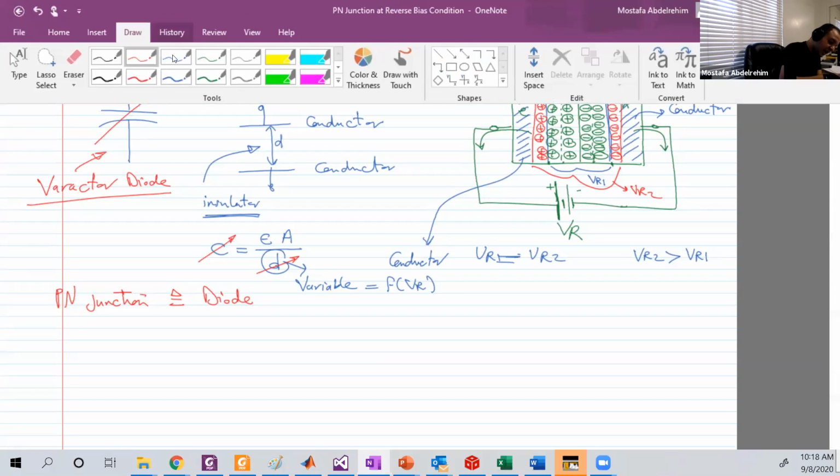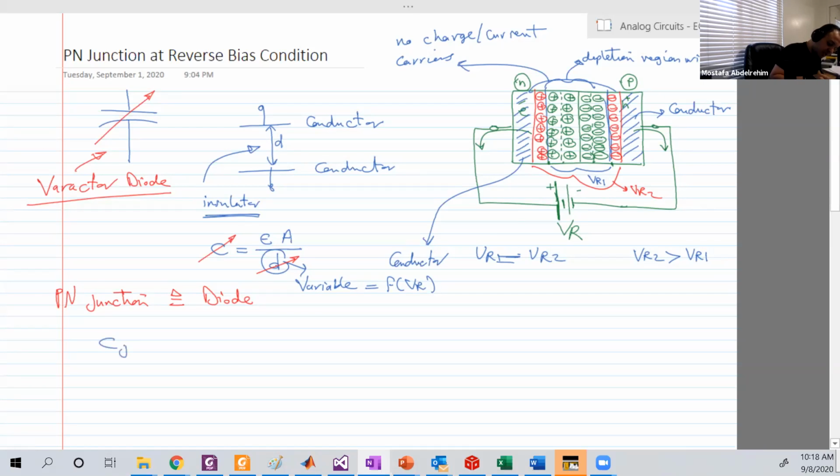So we have Cj, the junction capacitance, J for junction, equal to Cj0 over 1 minus Vr over V0. I will explain what Cj0 is, and I will also explain what V0 is. Cj0 is just a constant.